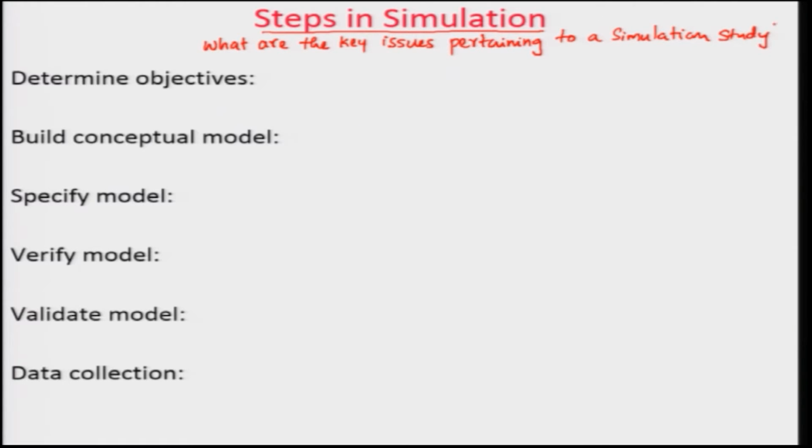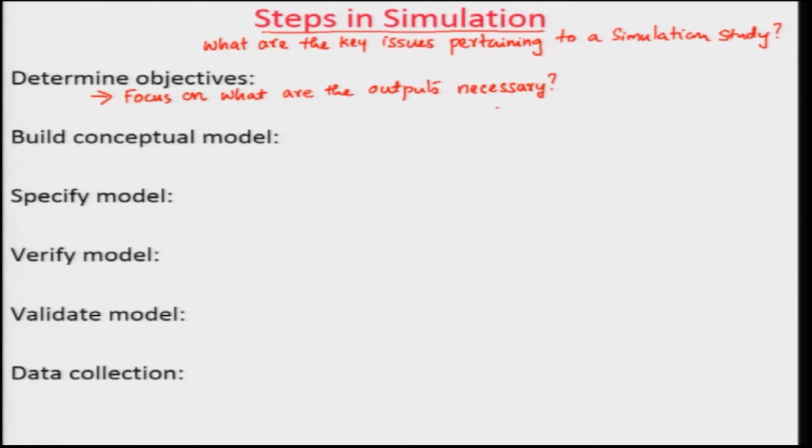So, we are looking into the key issues pertaining to the simulation study. The first thing is determine the objectives. This is to focus on what the objectives are, and what outputs are necessary.